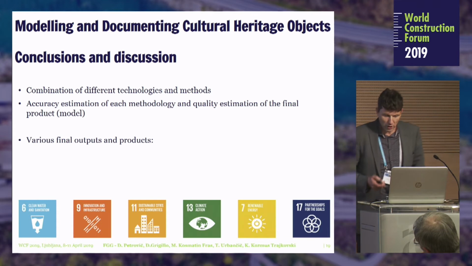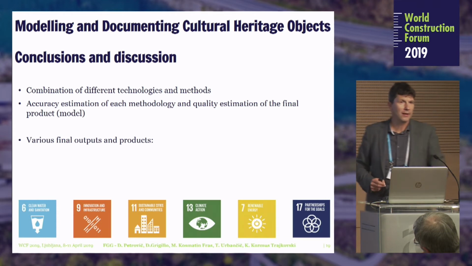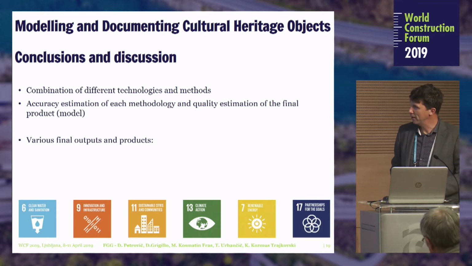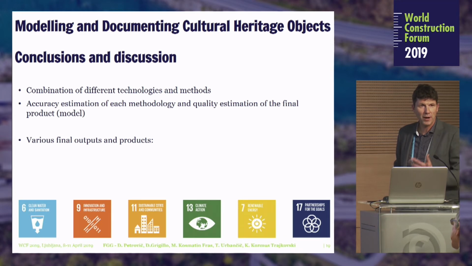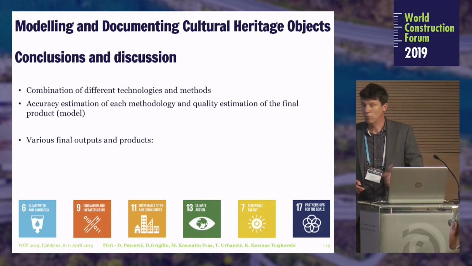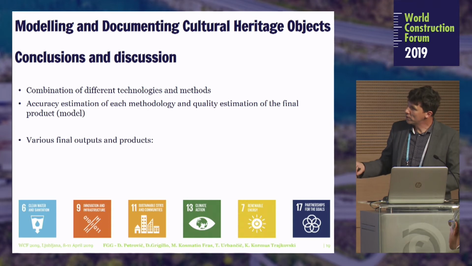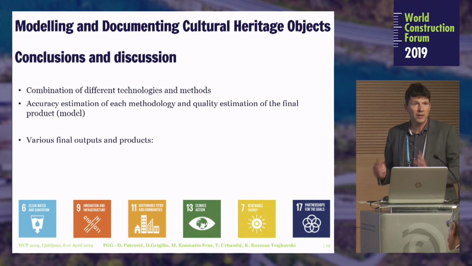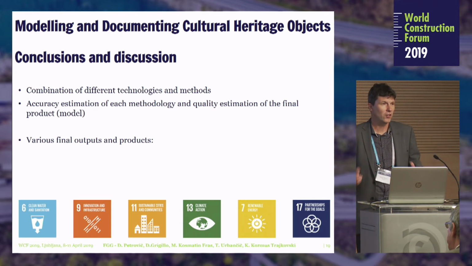So to conclude, as I mentioned at the beginning, from the surveyor's view on preparing documentation and modeling, it was obvious that we usually have to combine different technologies. We have a lot of technologies.